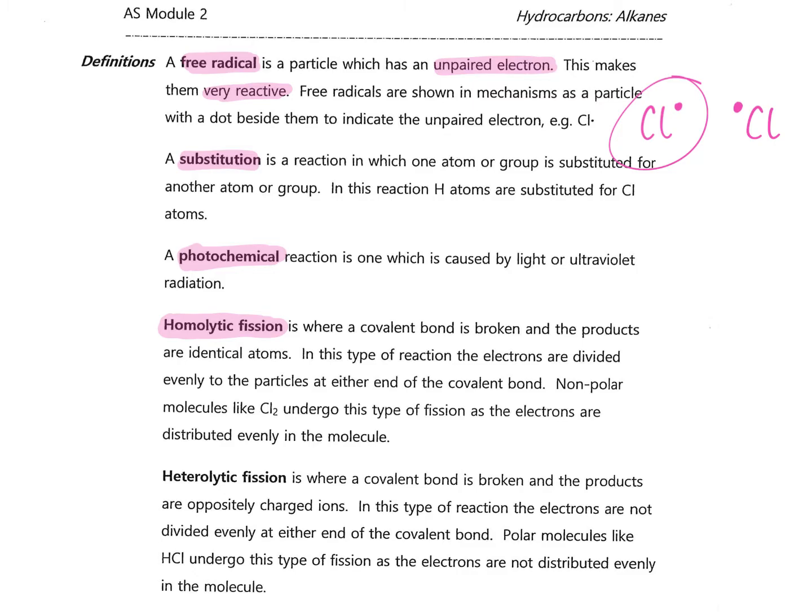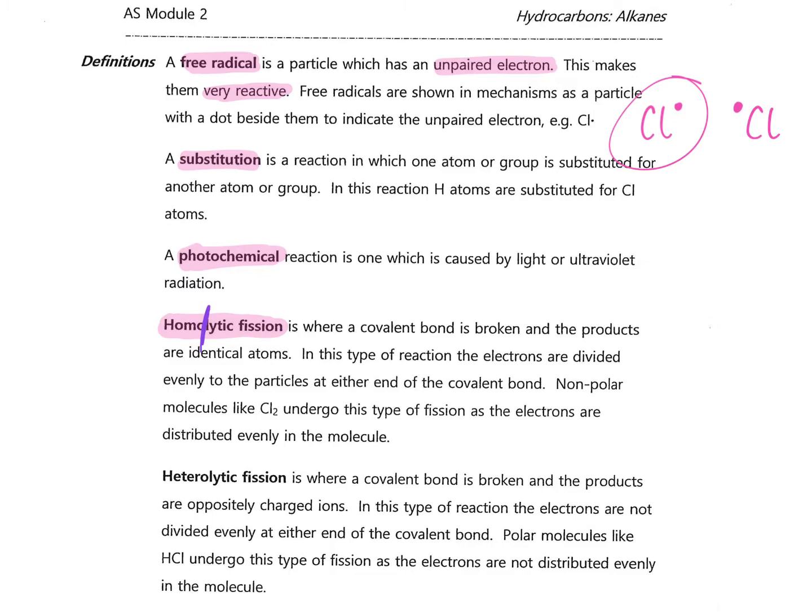But if you think about a covalent bond is one shared pair of electrons. So homolytic fission is where that covalent bond is broken, and the atoms that share that bond each get one electron. If we look at the word homolytic itself, we can get that definition almost from the word.